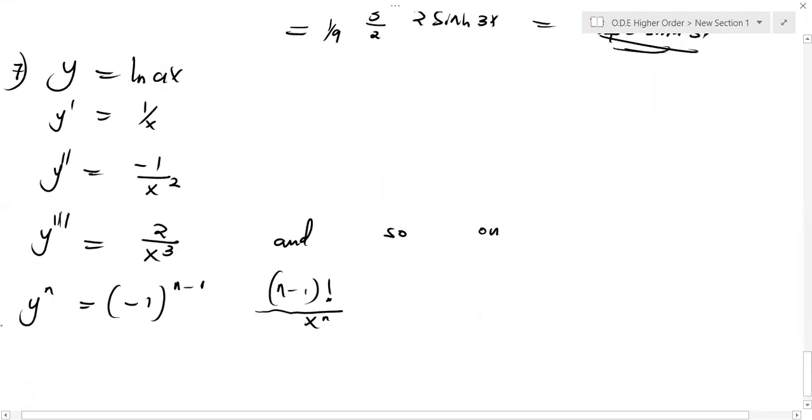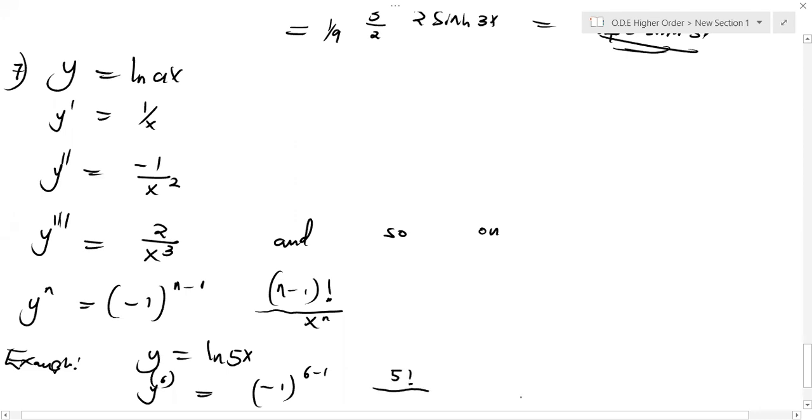So for example, if we are to have y is equal to ln 5x, and we are asked to get the sixth prime, then following the formula, we will have minus 1 raised to the power 6 minus 1, and then n minus 1 factorial, so that is 6 minus 1 factorial, that is 5 factorial, all this divided by x raised to power n.